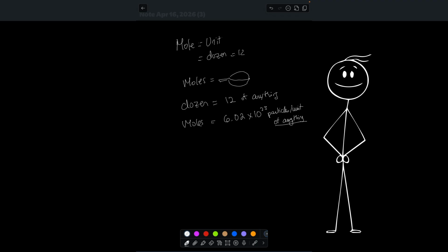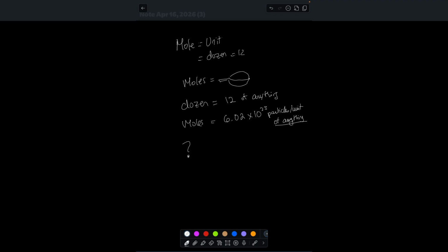So you're telling me why such a large number, okay? And that's because scientists had to come up with a large enough scoop to be able to measure things that are super tiny and small.